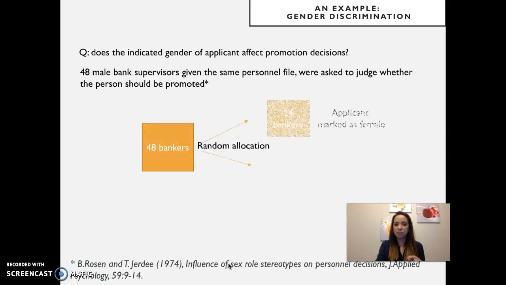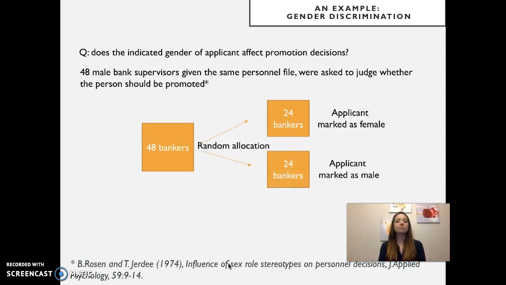Half these bankers received the file with the applicant's assigned sex marked as female. And 25 of these 48 bankers were randomly selected to receive the file of the applicant whose assigned sex was marked as male.